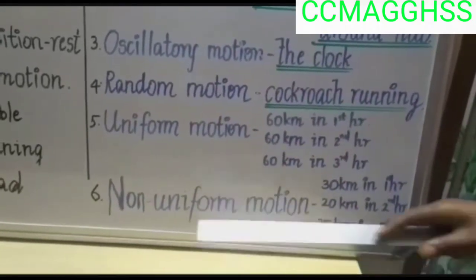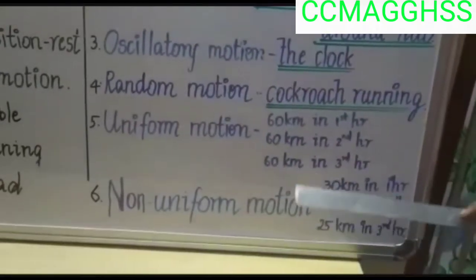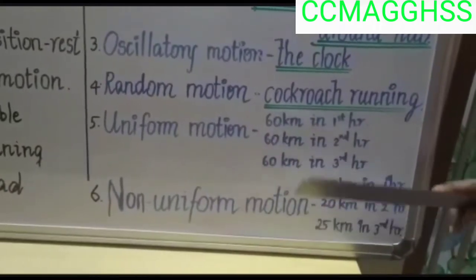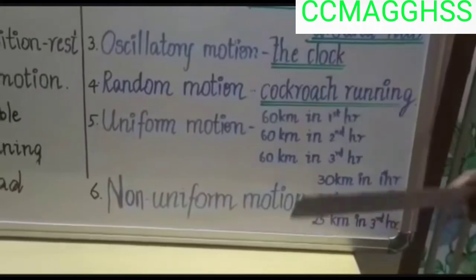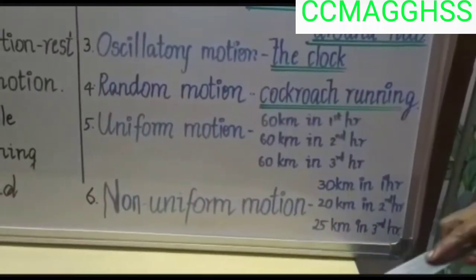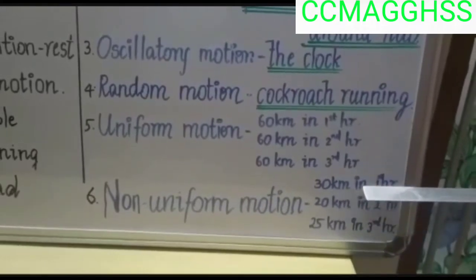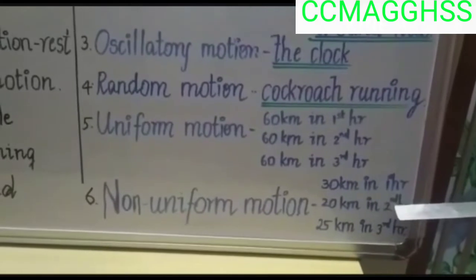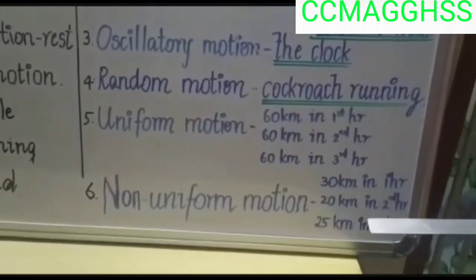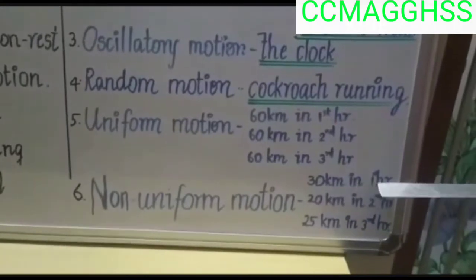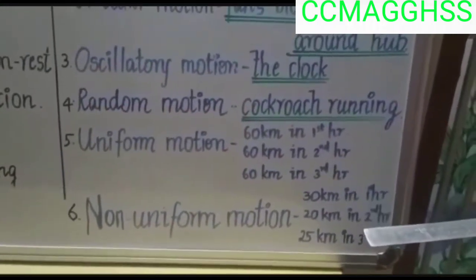Next, non-uniform motion is a motion in which the object travels unequal distance in equal intervals of time. Again, I am taking a lorry which travels 30 km in the first hour, 20 km in the second hour, and 25 km in the third hour. It travels 30 km in the first hour because the roads are very clear.